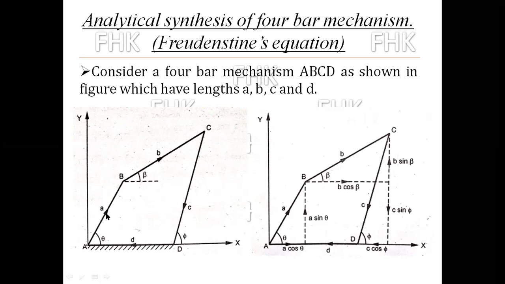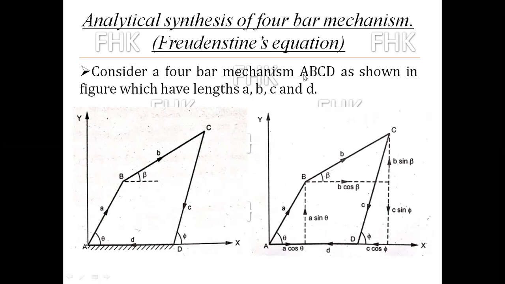Also by arrows I am showing here the direction of these vectors. B to C is the direction of vector BC, C to D is in the downward direction, and D to A is the direction from D to A.